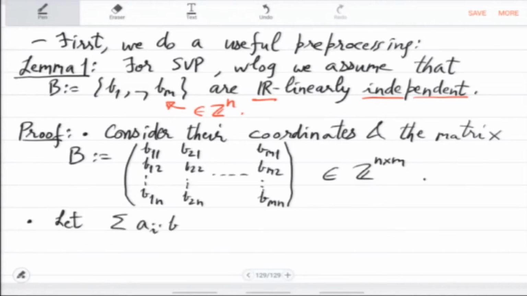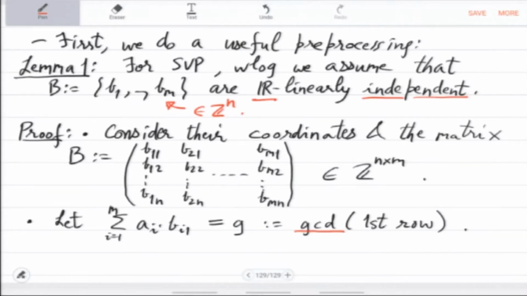Consider a combination of these Bi1s, B11 to Bm1, which is equal to the GCD of the first row.